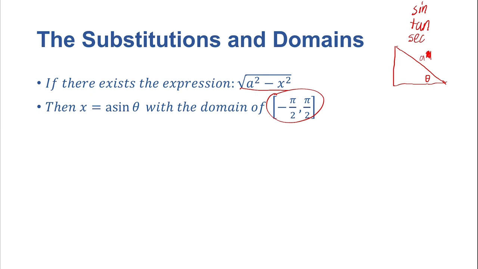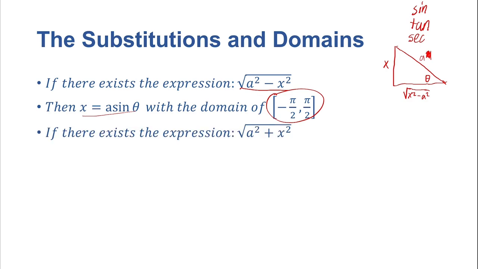So if we have a sine theta, then by our SOHCAHTOA definition, sine is opposite over hypotenuse. So that means that this is going to be x. And then this here is going to be the square root of a squared minus x squared. So there, our substitution here makes perfect sense.